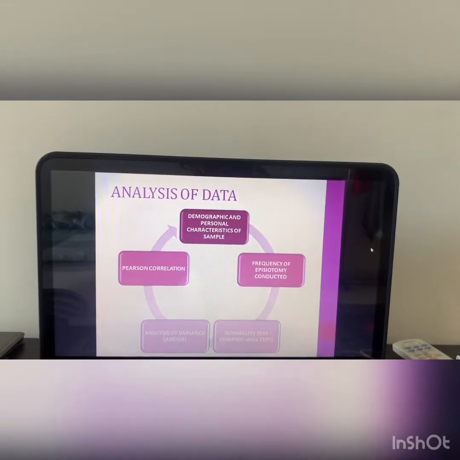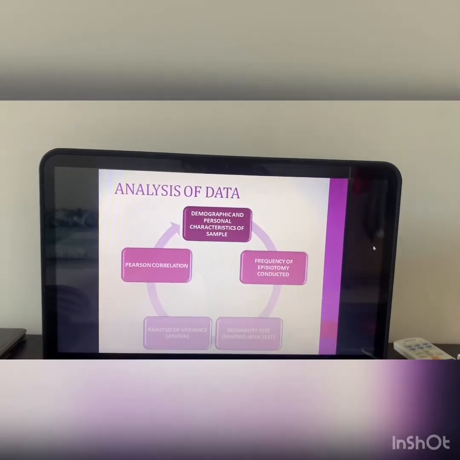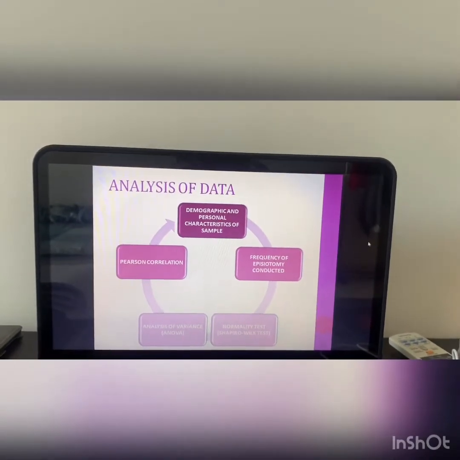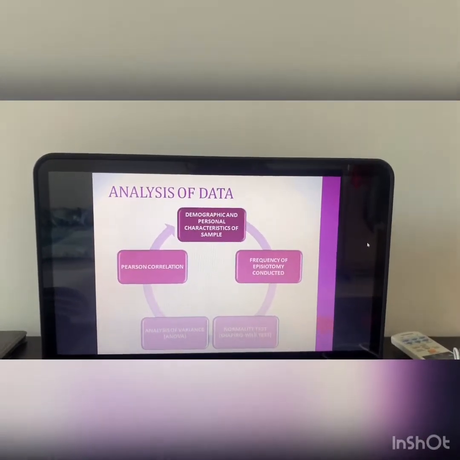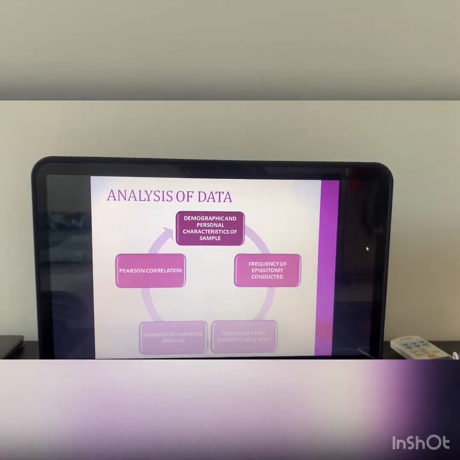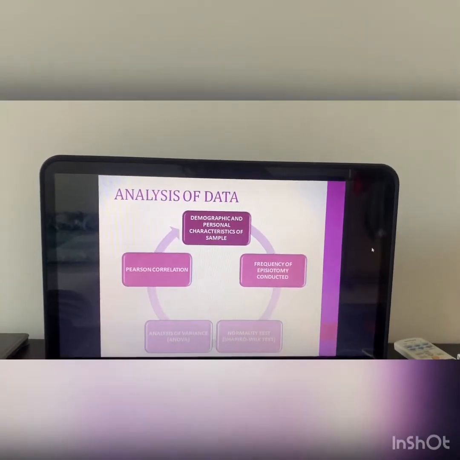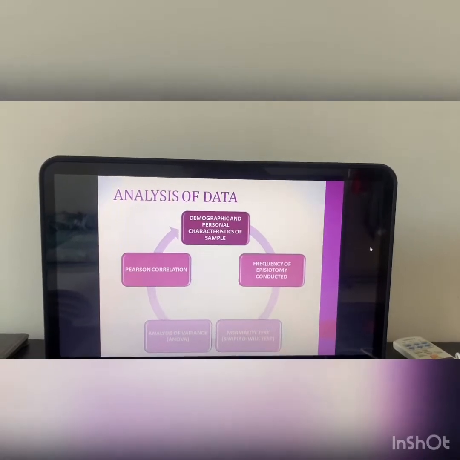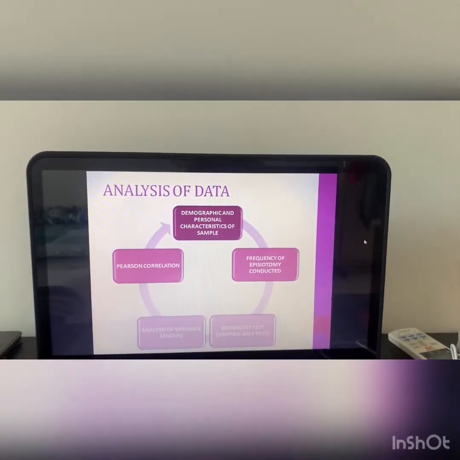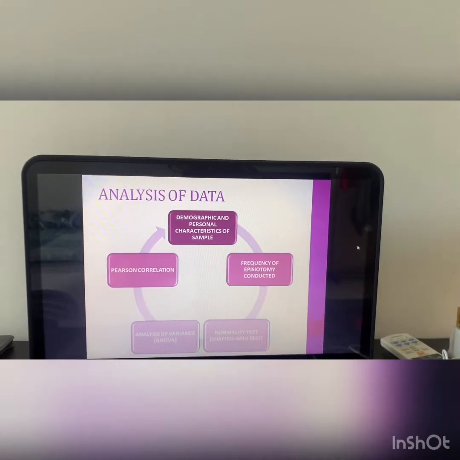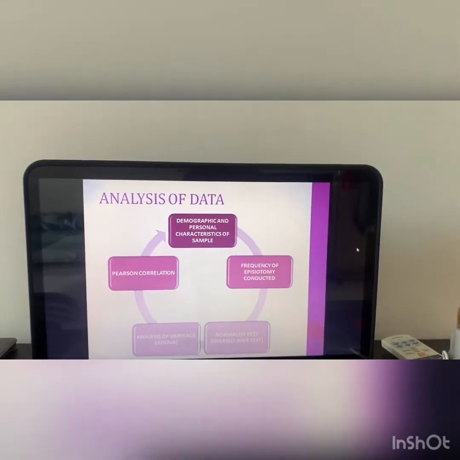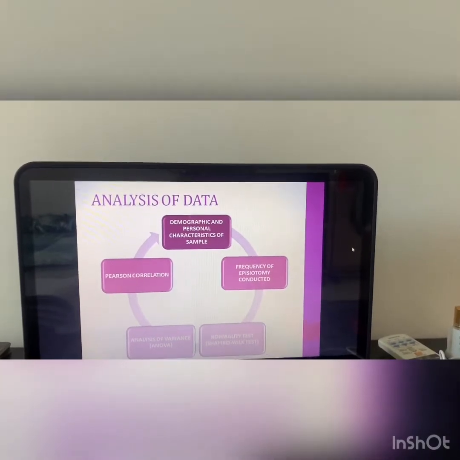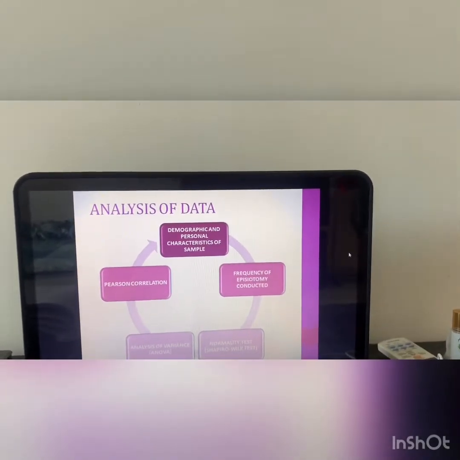The frequency of episiotomy conducted is the rate of episiotomy conducted divided as per the age group and also the parity number, and the highest frequency of episiotomy conducted in both categories will be stated, and the frequency percentage and cumulative frequency, cumulative percentage will be provided to give a clear view.